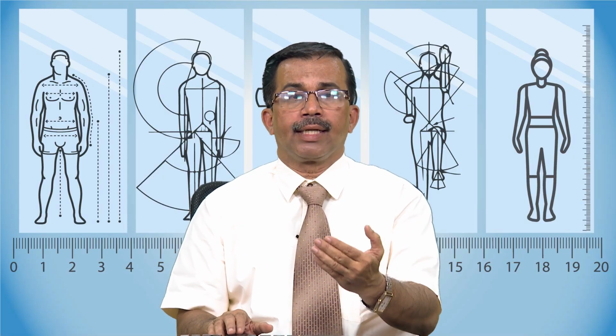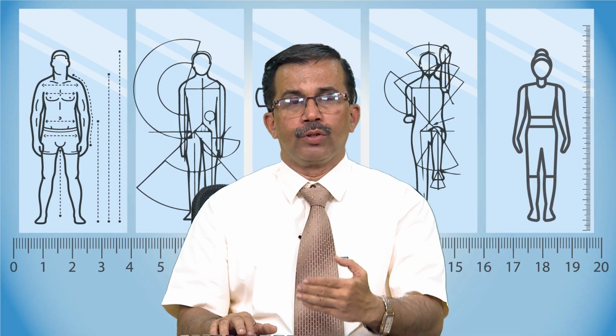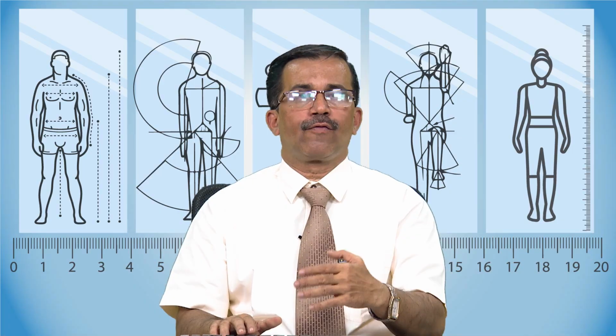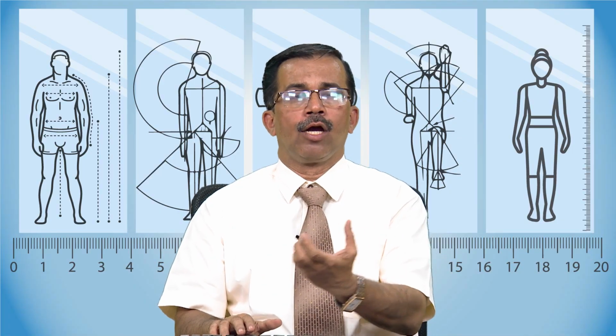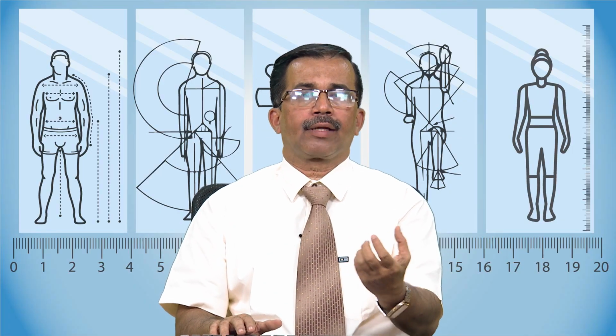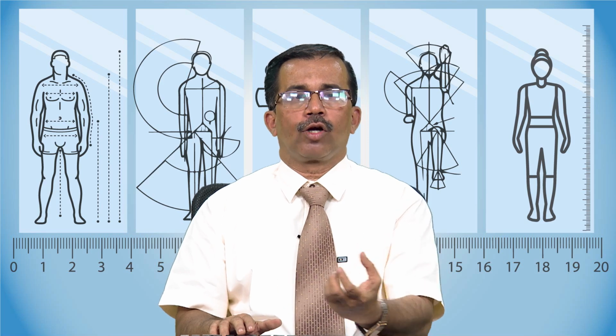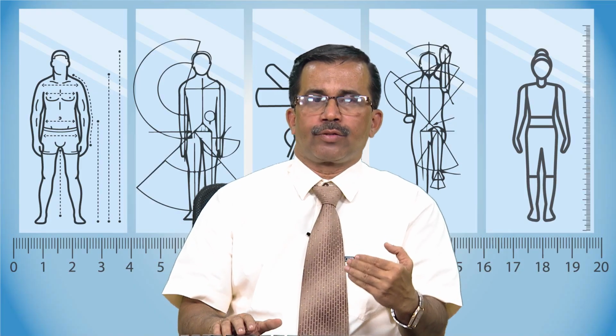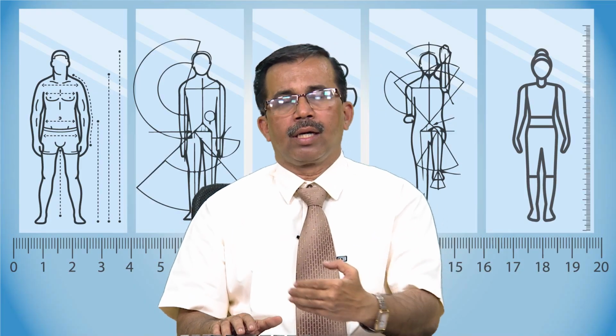Then we saw how these indices work. With height for age, you compare the height of a boy or a girl at a particular age, see the comparative value, and then understand whether the boy or girl is stunted.